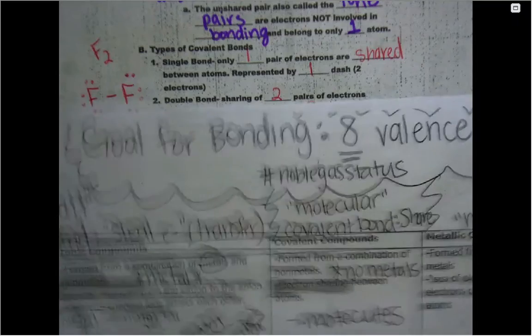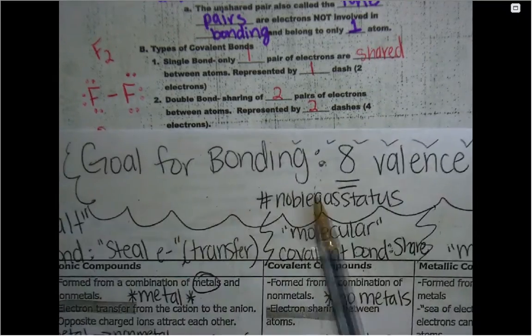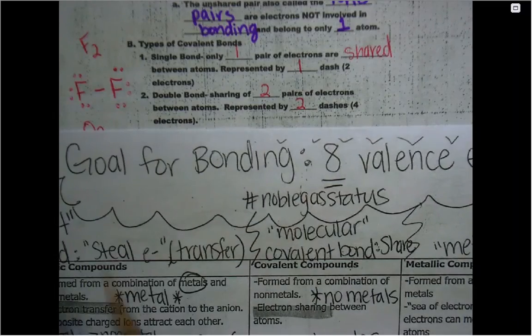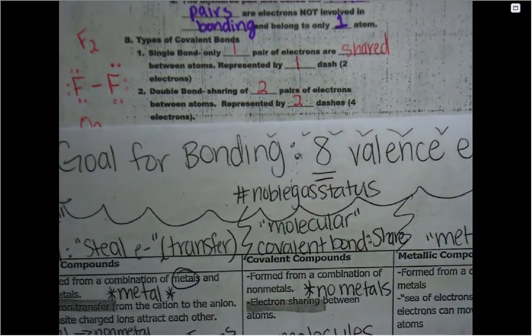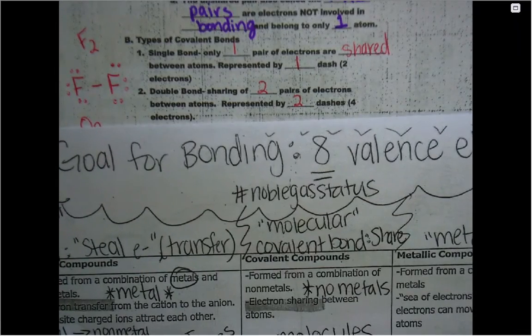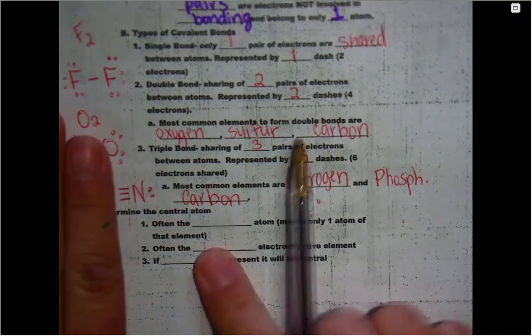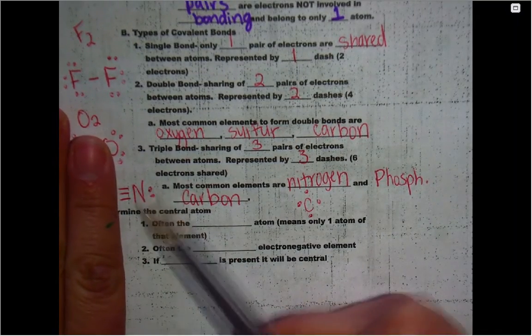If you remember last chapter, before winter break, this was what we had written at the very top of our packet. We said the goal for bonding is 8 valence electrons, no matter what. So everybody's trying to get to noble gas status, a full octet. What we just saw is nitrogen did that over here.